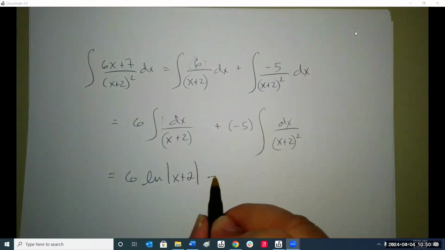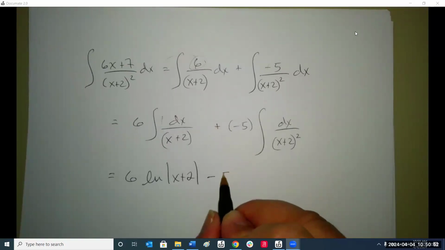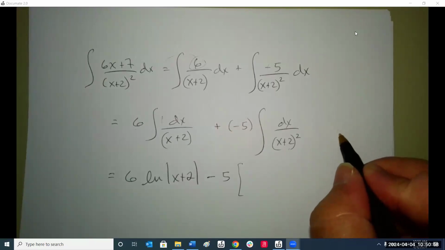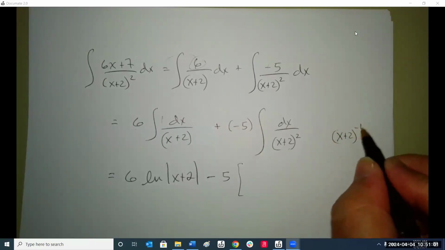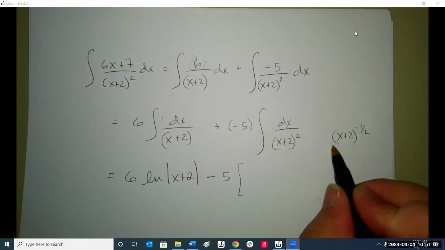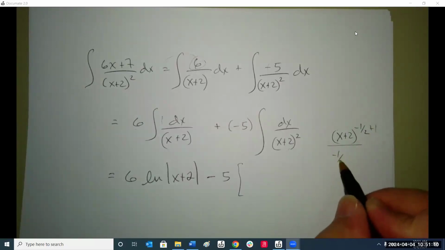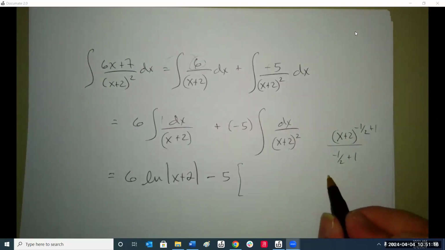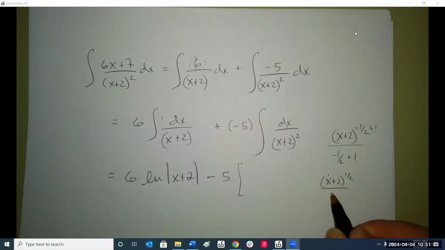Now, this one is the same thing as (x + 2) to the power -2.